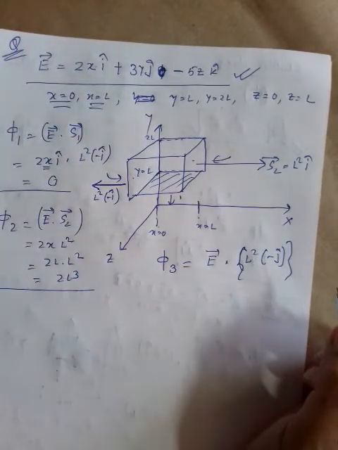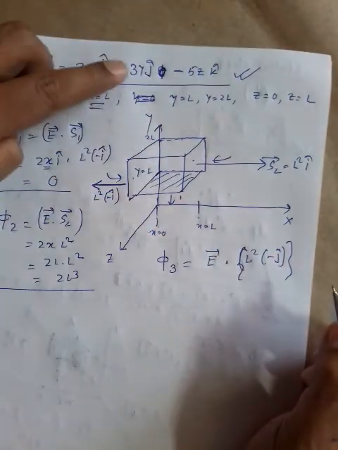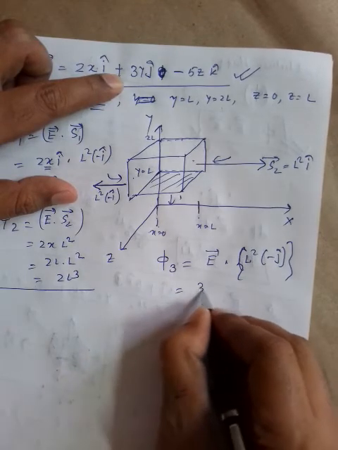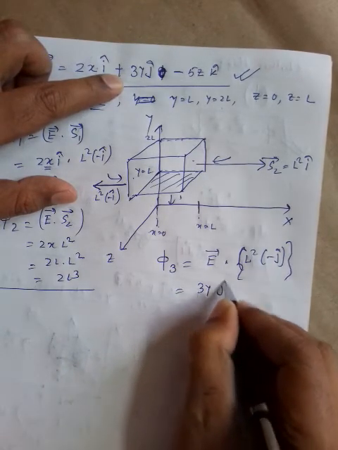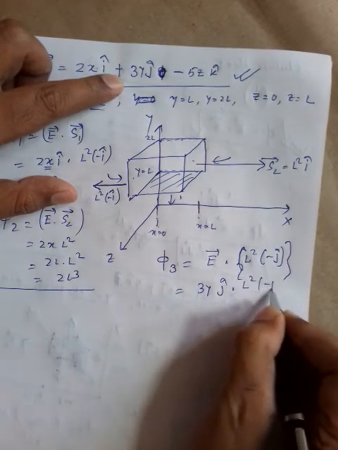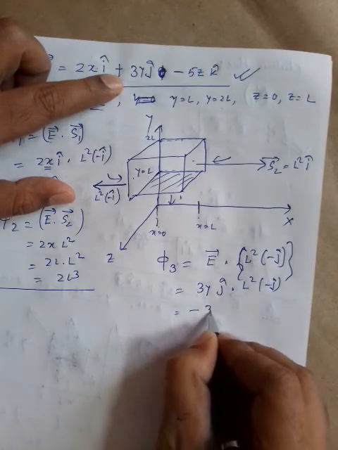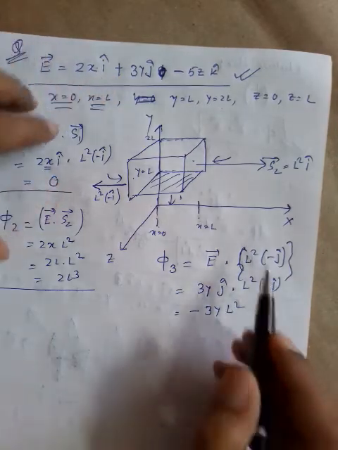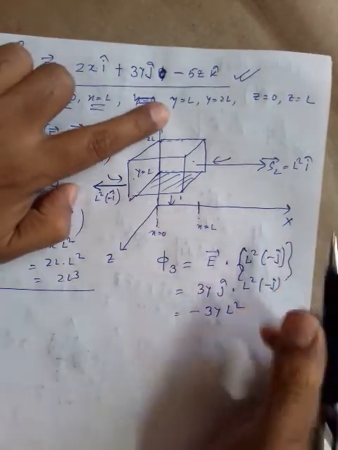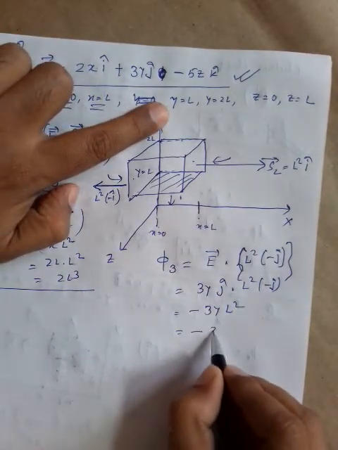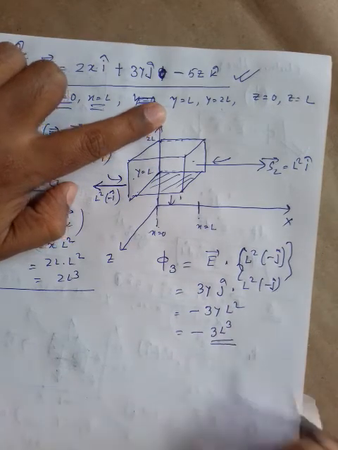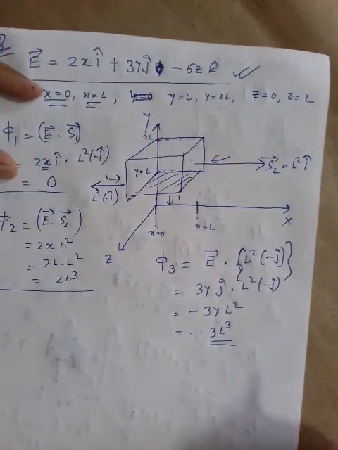So here i dot j no need to write, k dot j also no need to write, j dot j is important. So it is 3y j cap dot L square minus j cap. Clear? It is minus 3y L square. What is y? In this whole surface, y is L. If you put it in, minus 3L cube.